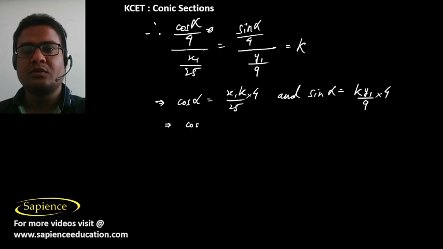So cos square alpha plus sin square alpha is equal to 1.